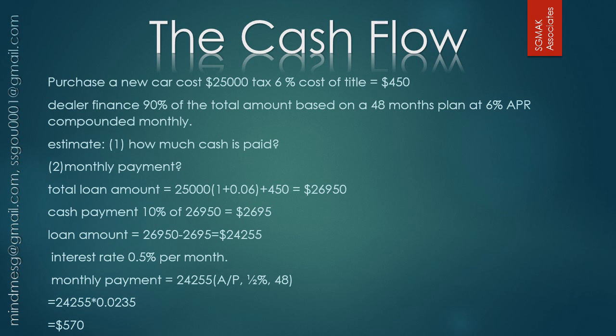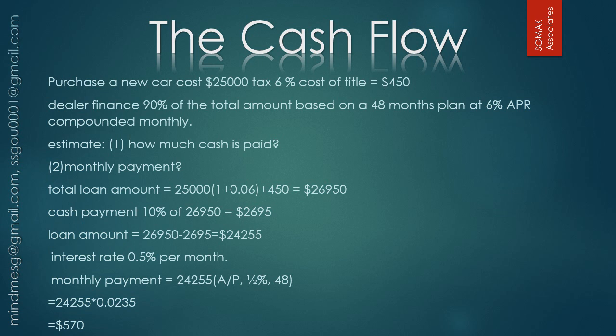So you're making a 10% down payment and borrowing money from the dealer for 90% of the total amount. Your repayment plan is over 4 years, 48 months, at the rate of 6% APR, compounded monthly. So you're making 48 monthly payments.